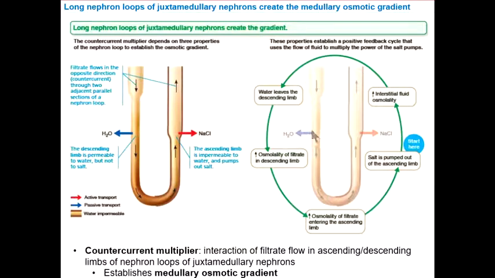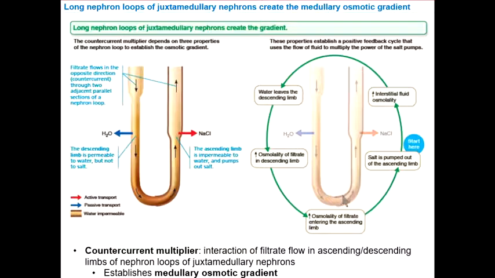So when water leaves the descending limb, now the fluid or filtrate in the descending limb is starting to become more concentrated, because water is leaving that fluid. So we get this increased osmolality, or increased concentration of solute, and it just keeps increasing because water keeps leaving as we move down the descending limb.